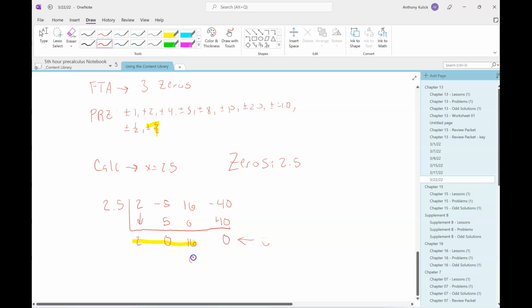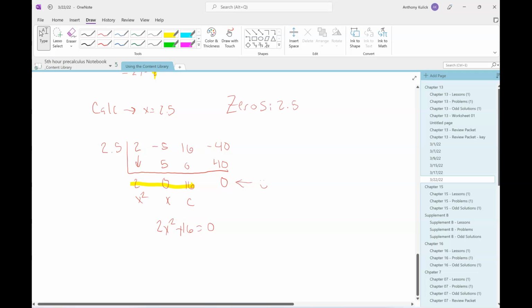Since I now have just a quadratic left, I'm just going to take that, set it equal to 0, and solve. To solve this quadratic, you could start by dividing everything by 2, just to make the coefficients a little smaller. It makes it a little bit easier to deal with.